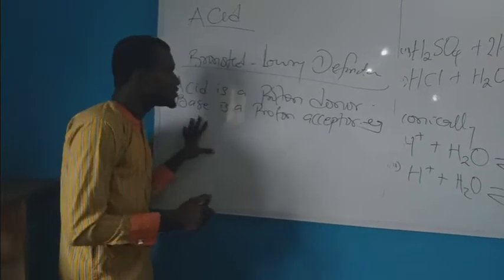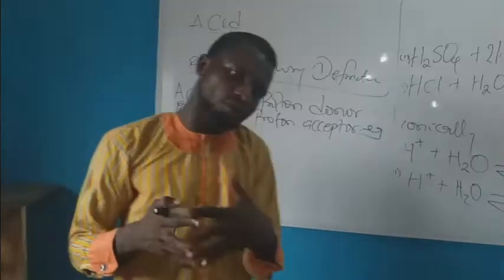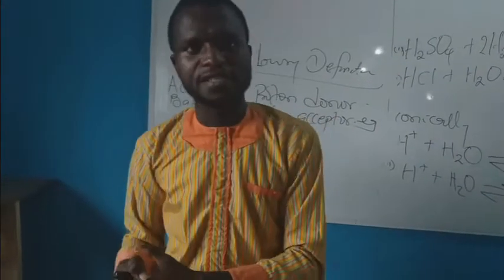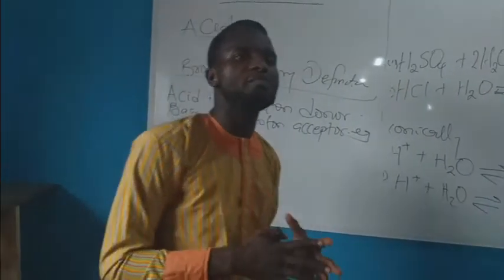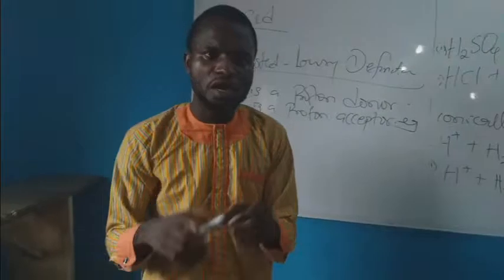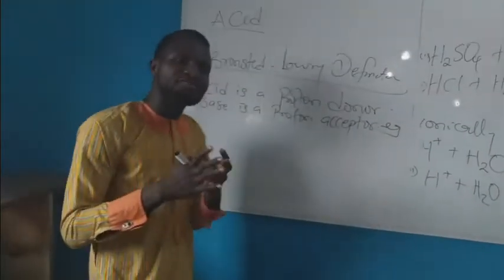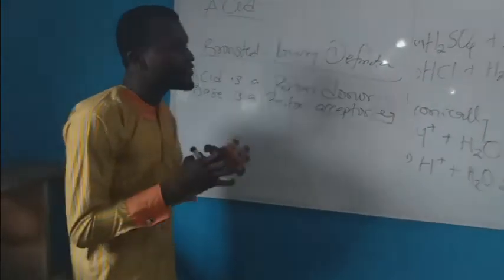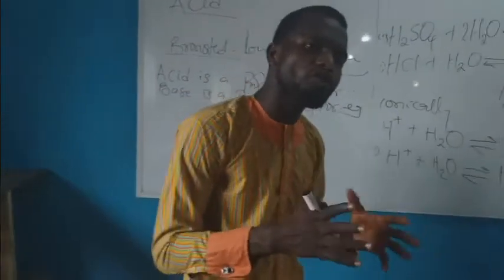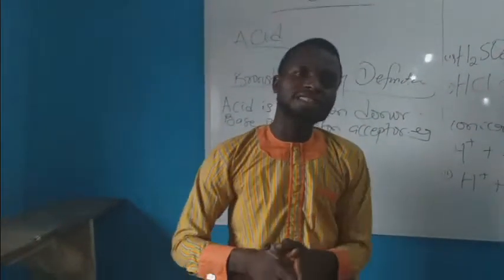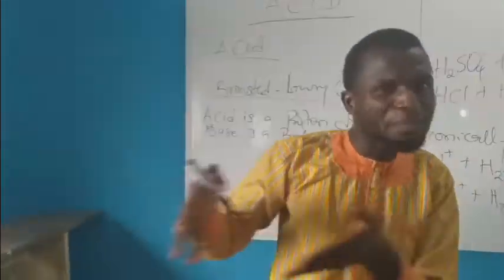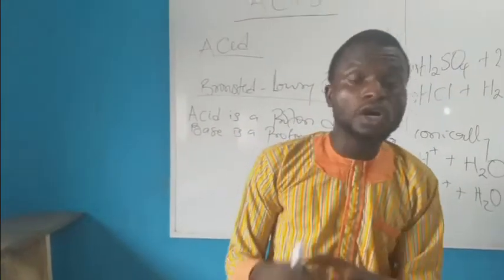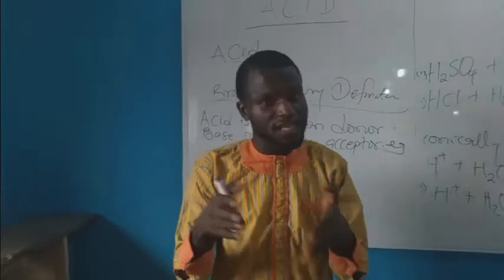Similarly, all Arrhenius bases are Bronsted-Lowry bases, but all Bronsted-Lowry bases are not Arrhenius bases. And one advancement of the Bronsted-Lowry definition over the Arrhenius definition is that the Arrhenius definition embodies reactions that occur principally in aqueous medium or aqueous matrix, that is, in water.